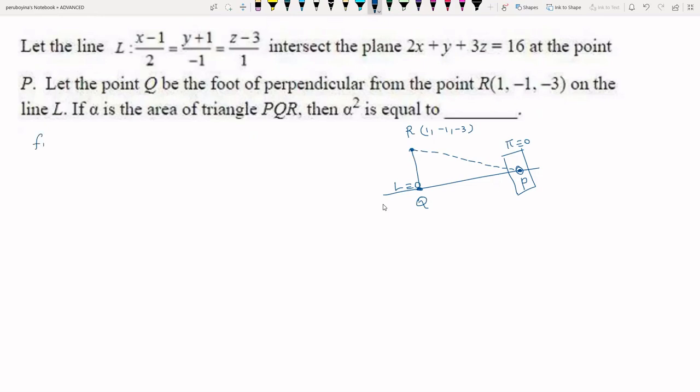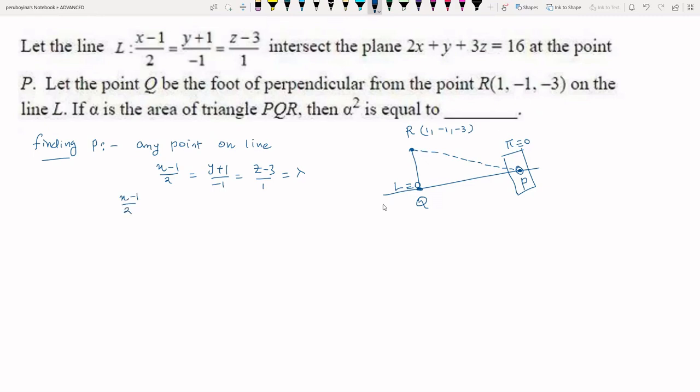So first we will start with finding point P. It is the point of intersection of the line and plane. So any point on the line can be taken as (x minus 1)/2 equal to (y plus 1)/(minus 1) equal to (z minus 3)/1, say lambda.